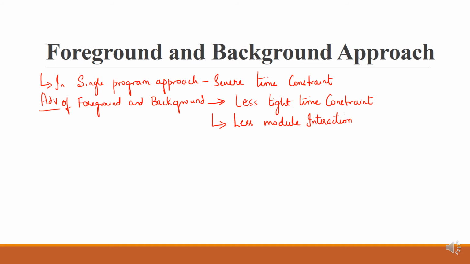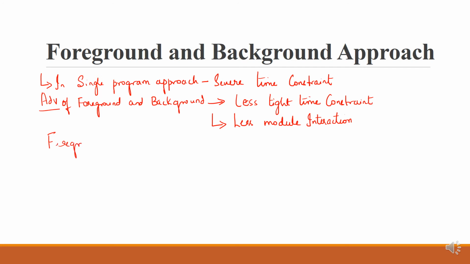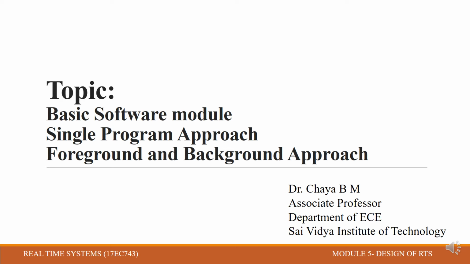So what we are doing here is that if modules with hard time constraints can be separated and handled immediately or independently, we call it a foreground. So basically we need to understand what is foreground. What is foreground task?